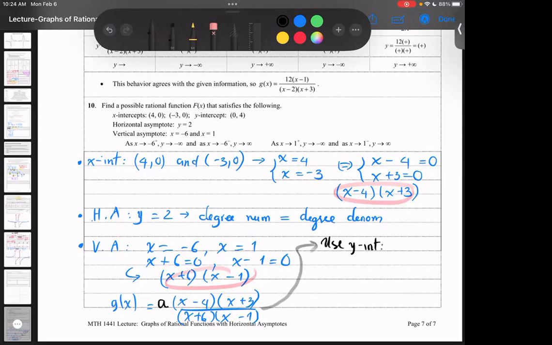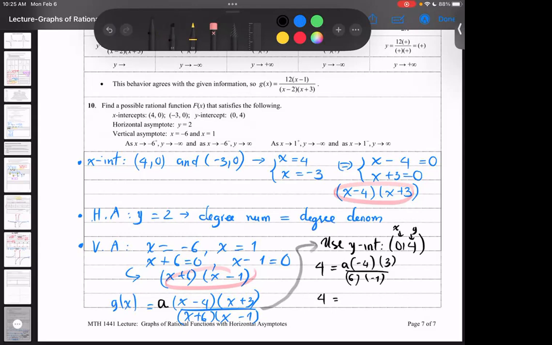The y-intercept, or whatever they give you, in this case the y-intercept (0, 4). That's my x, that's my y. And then you plug it in. So 4 equals a times -4, +3, and then 6, and then -1.